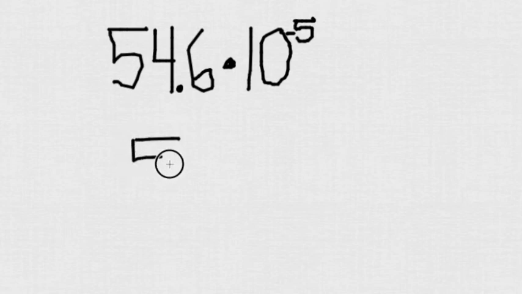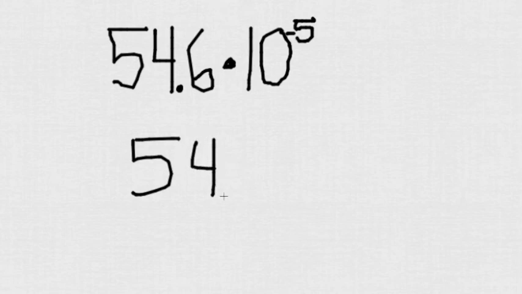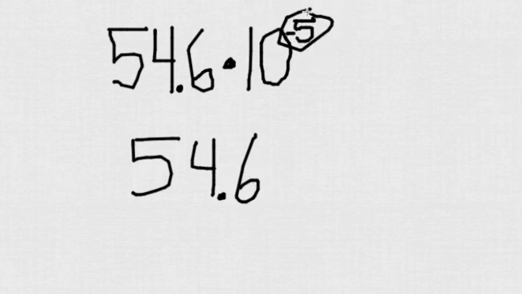Okay, so we start off with 54 and 6/10. So since it is negative, which way would we be moving the decimal point? To the left. Okay, 5 times because the number is 5.